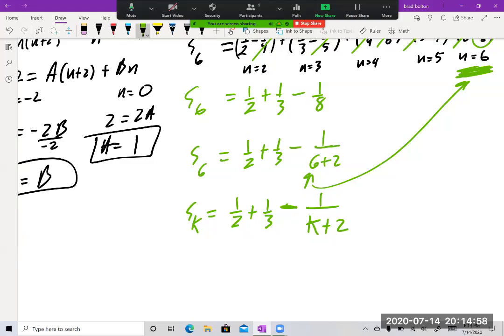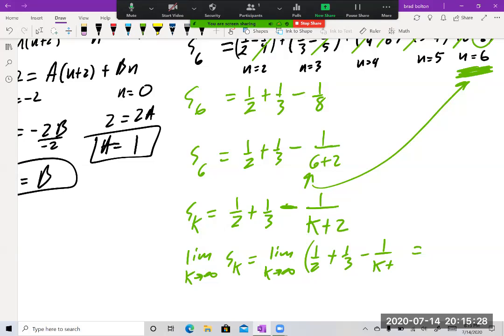So the only way I know how to deal with this is to find the limit as k approaches infinity of S sub k, which is equal to the limit as k approaches infinity of 1/2 plus 1/3 minus 1/(k+2).